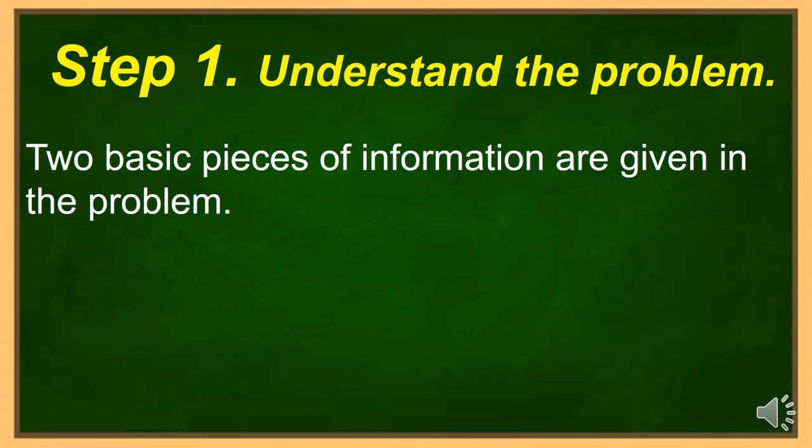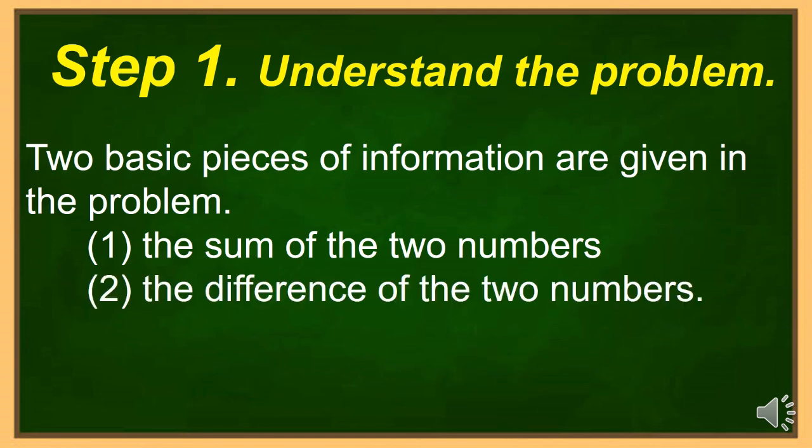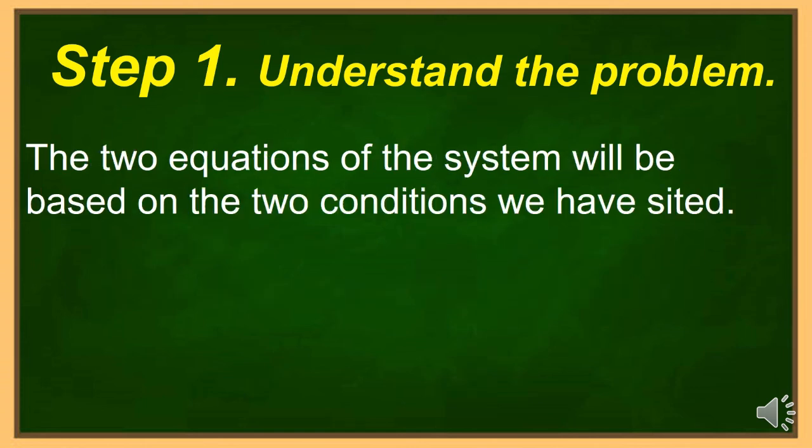There are two basic pieces of information that are given in the problem. One is the sum of the two numbers, and second, the difference of the two numbers. The two equations of the system will be based on the two conditions we have cited.